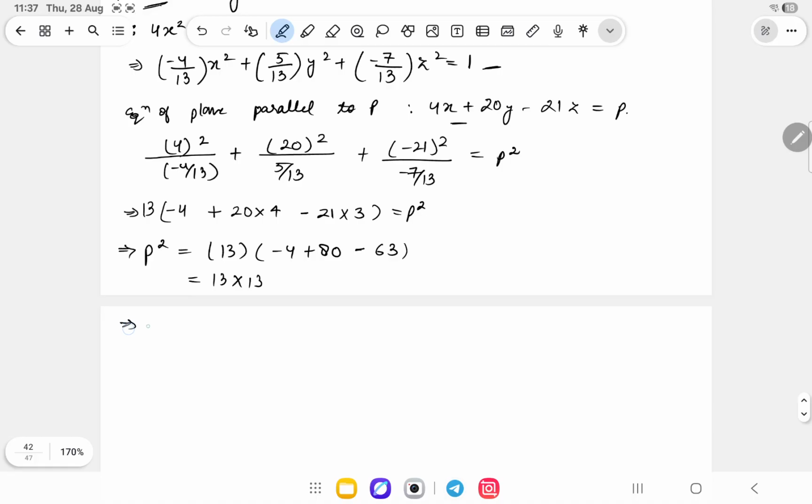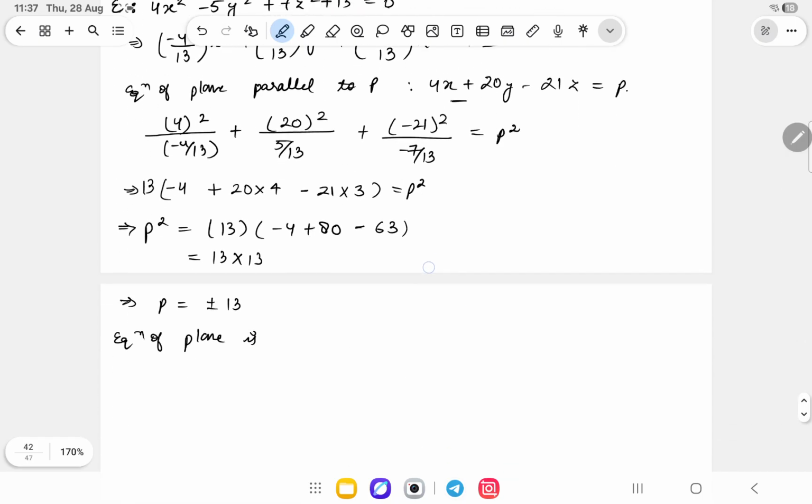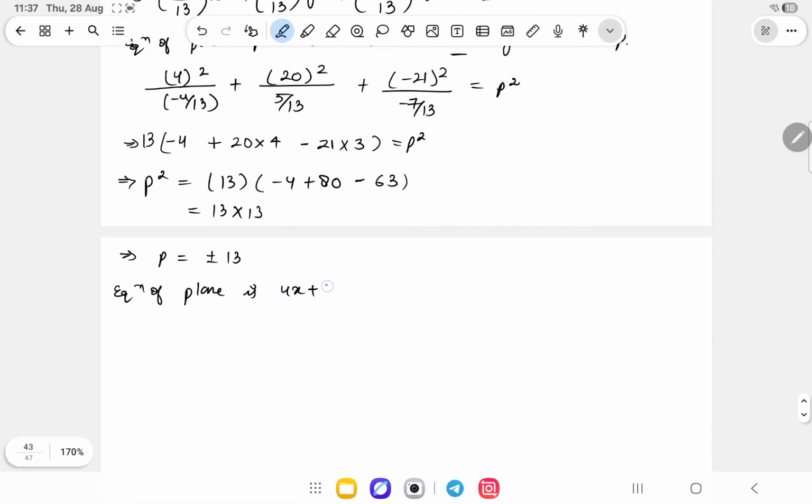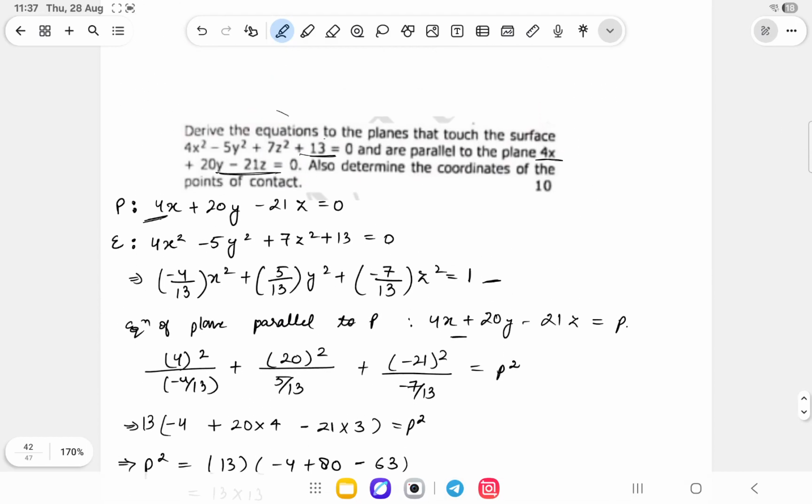So from here I got P as plus minus 13. So the equation of the plane is 4x plus 20y minus 21z is equals to plus minus 13. So this is the equation of the plane which is touching the surface of this ellipsoid.